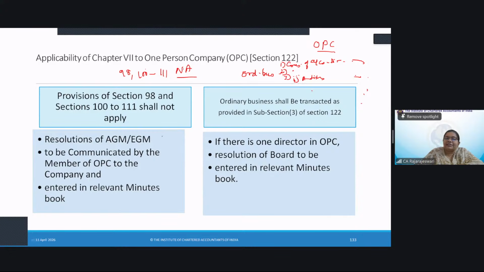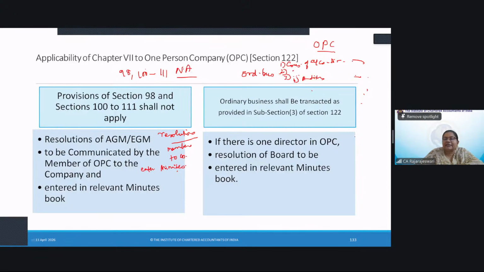Now, whatever resolutions have been passed for a one person company should be communicated by the member to the company, and entered in the minutes book maintained for the purpose. So whatever has been passed in the AGM or EGM should also be done.